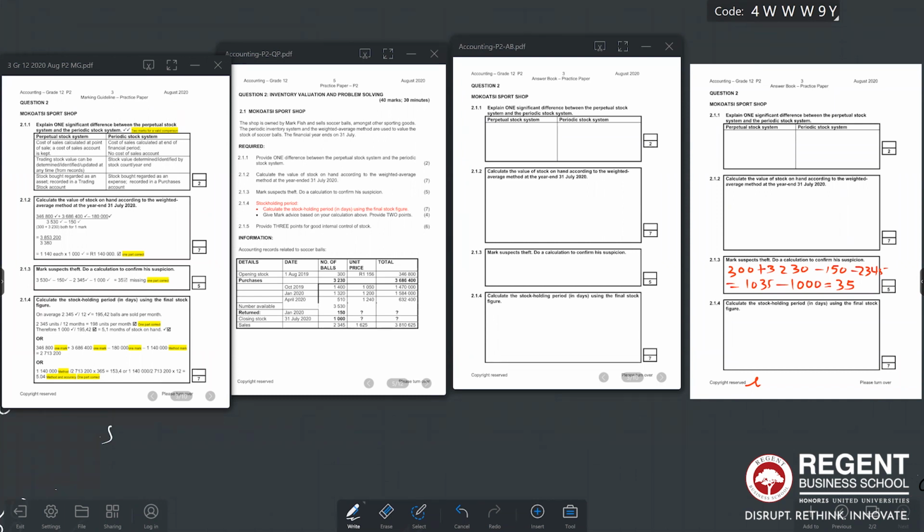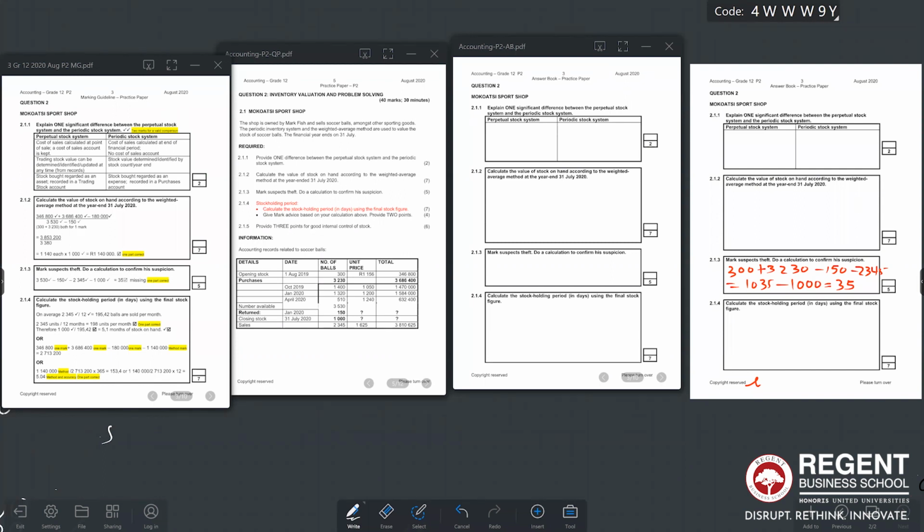That will give you the stock that you had available, then minus the closing stock of 1,140,000 will give you the cost of sales of 2,713,200.